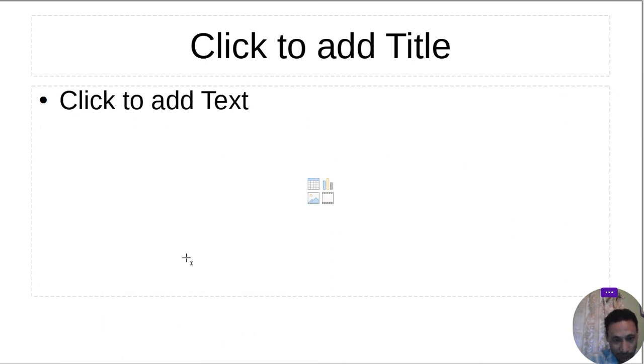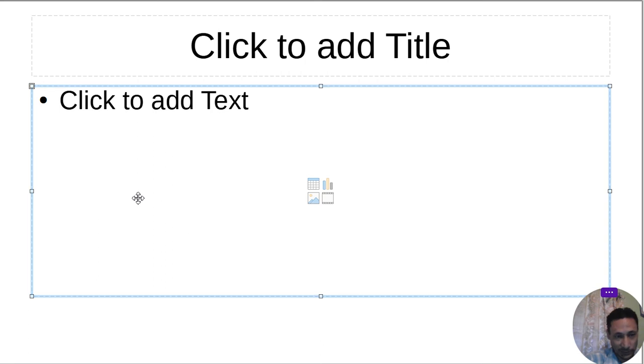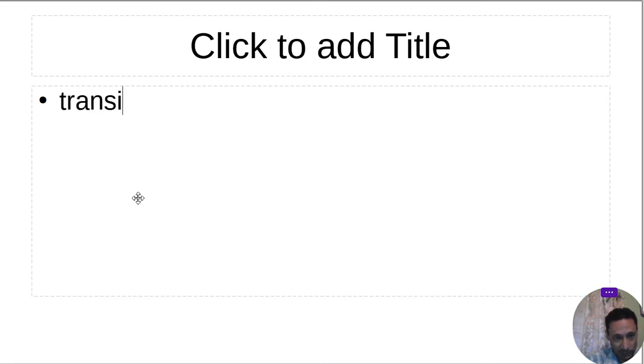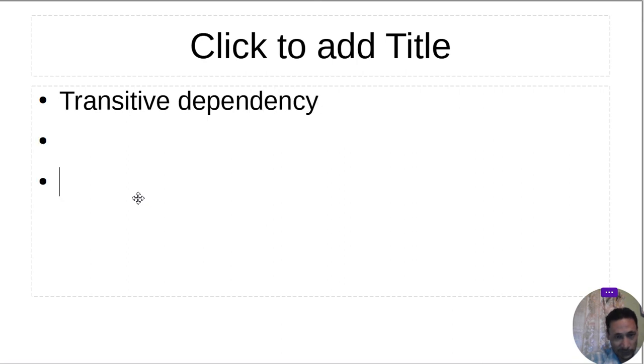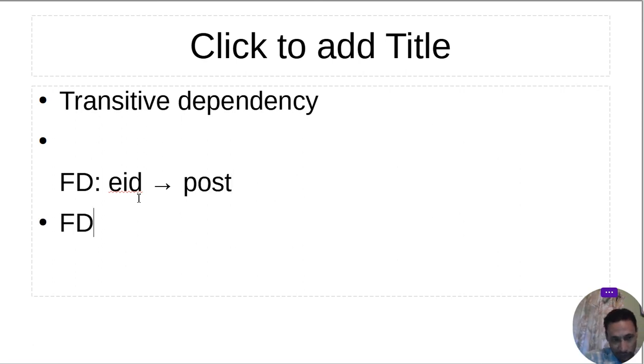Now let's move to another dependency, that is the transitive dependency. Let's consider our functional dependency from the employee. From employee ID, we can know employee post, and let's take another functional dependency, that is post will determine salary.